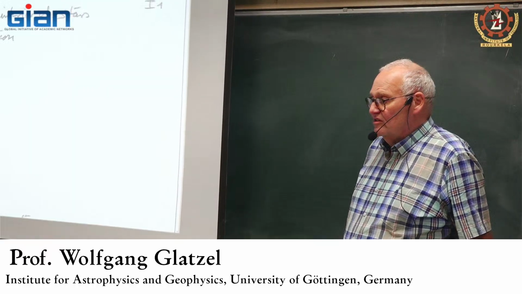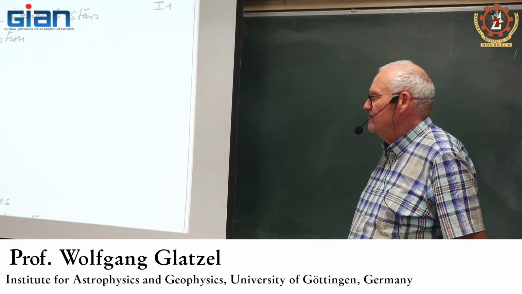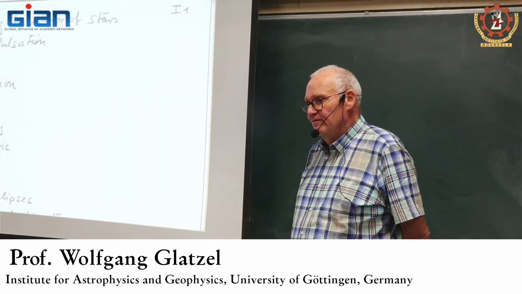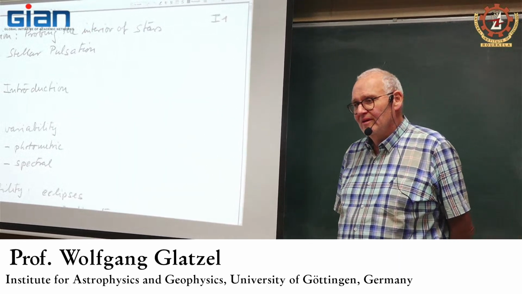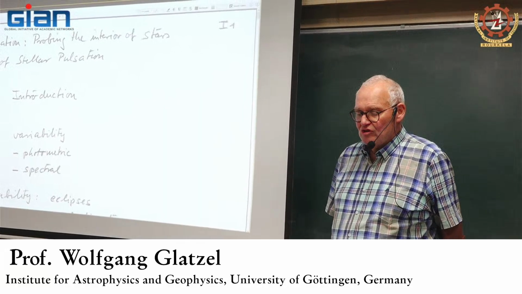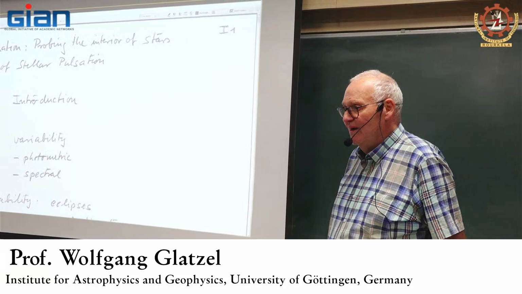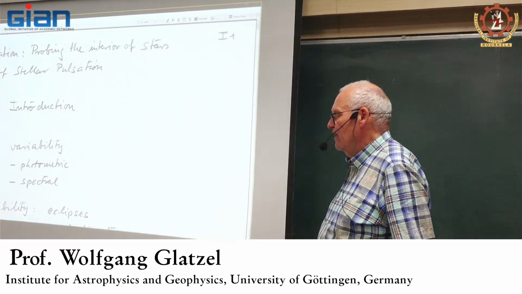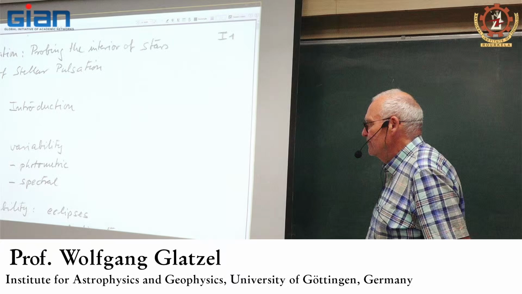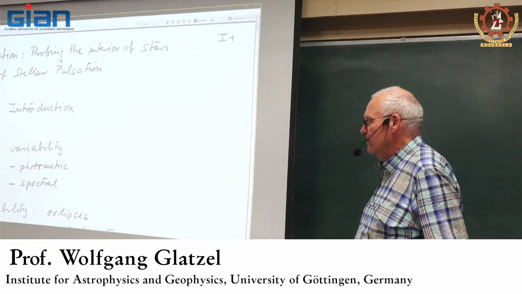The first question which arises is, why should we deal with this subject? And for a theoretician, the motivation by observations is the best thing to motivate and to justify dealing with this subject.